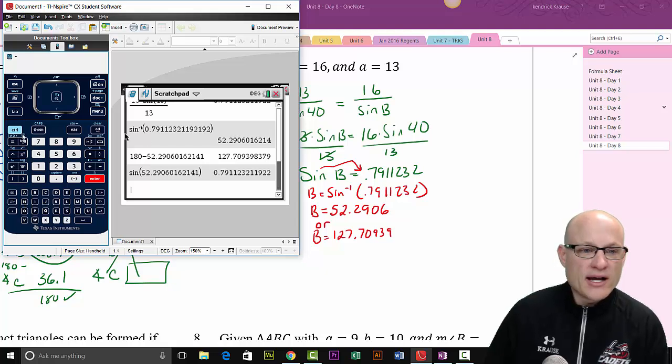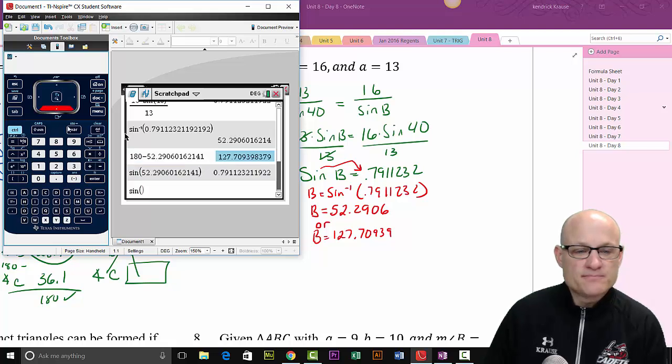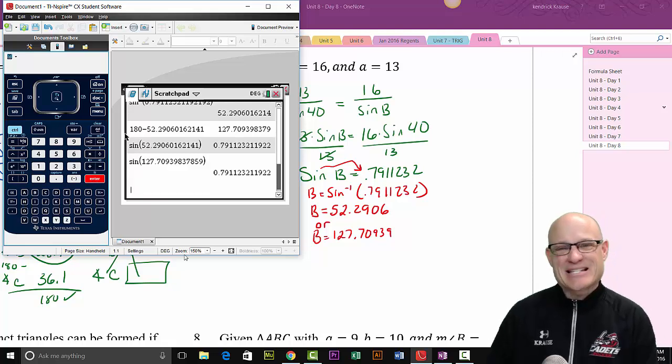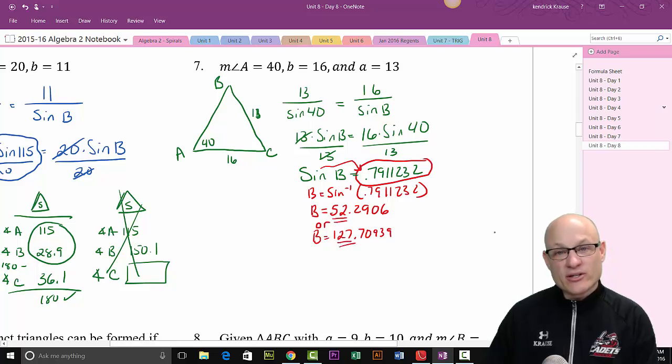Now we're going to do the sine of the second angle, the 127. And it should hopefully come as no surprise that you get the exact same decimal. That's because sine is positive in the first and second quadrant. So sine can equal this when it's 52 degrees or when it's 127 degrees.